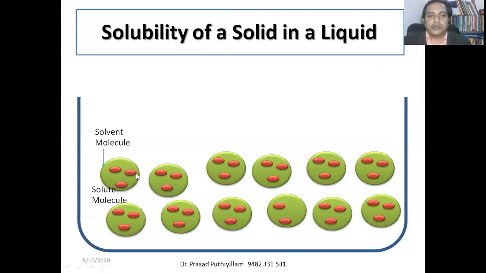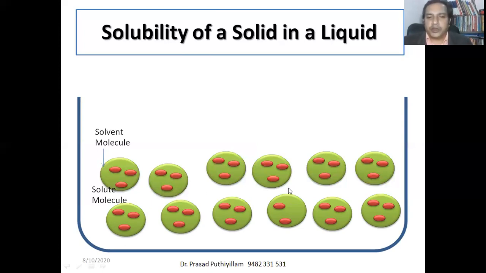That's why they form attractive forces, which we call intermolecular attractive forces between the two kinds of molecules. Because of these intermolecular forces, the solute particles dissolve in solvent. Here, for one solvent molecule I took 3 solute particles. It varies; this is just for representing the case.